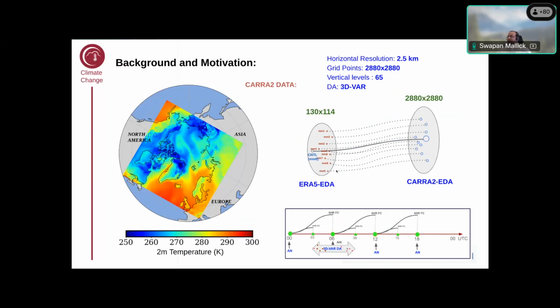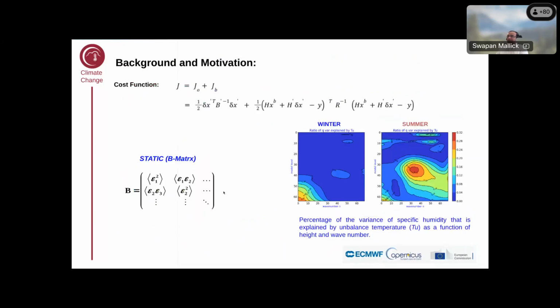There we used 10 ensemble members from ERA 5 EDA to generate the Kara2 ensemble data assimilation. This is the B matrix structure, and here I am showing how the B matrix differs between winter and summer season, and what the importance of the B matrix is.